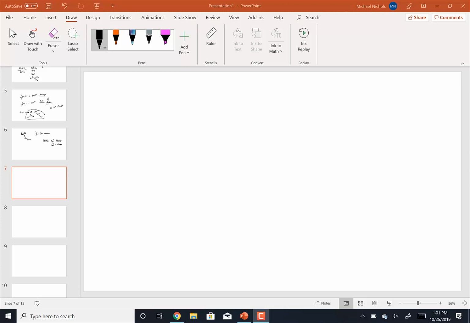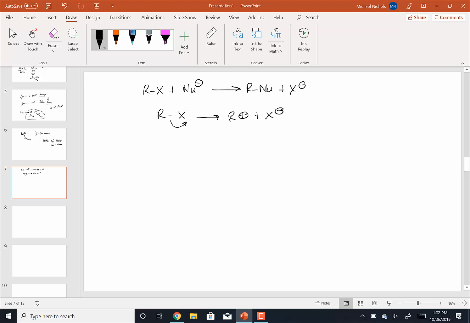Let's see. We left off with what we want to talk about next, which is relevant for Monday's practice problems that are due. On Wednesday, we took an alkyl halide and reacted it with a negatively charged nucleophile in SN1. So we did that two-step mechanism. The first step was to break the carbon-halogen bond to form the carbocation and the leaving group, which is going to be a halogen to begin with.